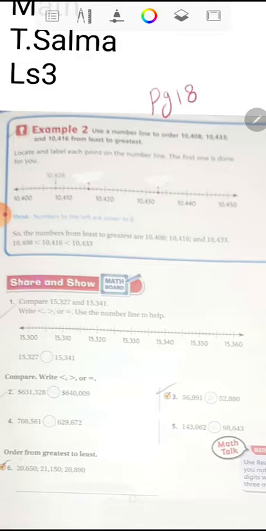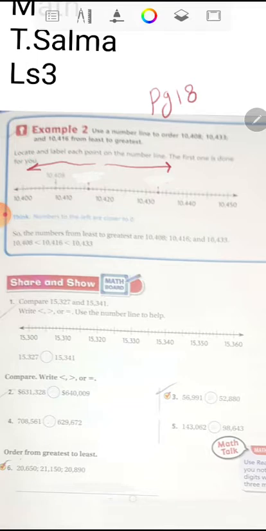Now if I have this number line, I told you last year, if the number goes left like this, the number becomes greater. Okay, if the number goes left, the number becomes greater. Okay, and if the number goes closer to 0, the number will be smaller.